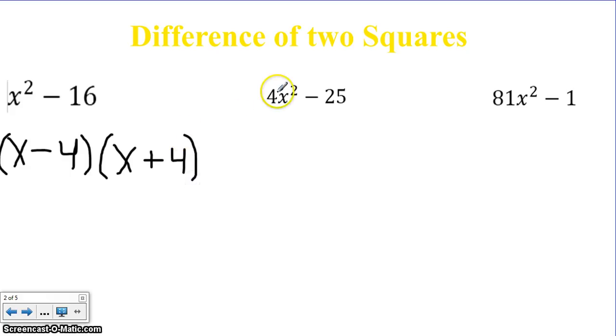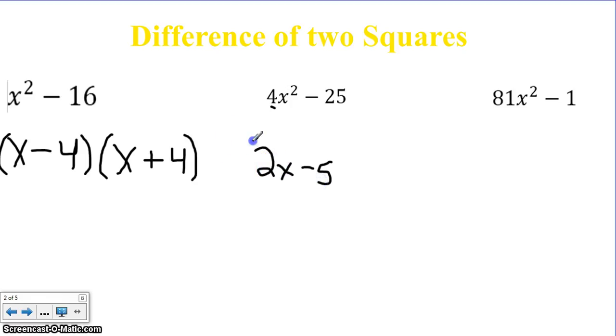Moving on, now we have another number in front of your x squared. So we're going to take out a square again, and the square root of 4 is 2. Square root of x squared is x, minus the square root of 25, which is 5.